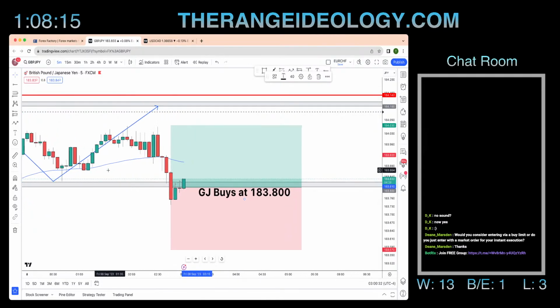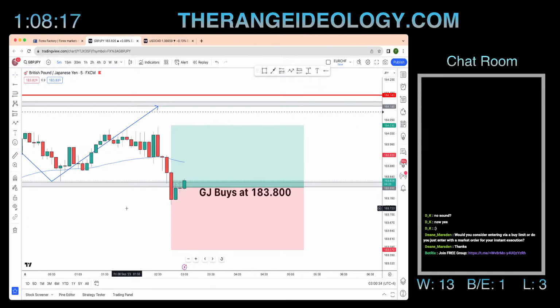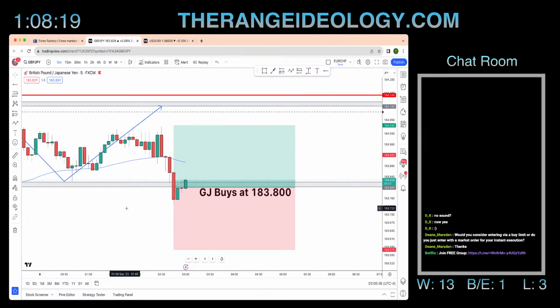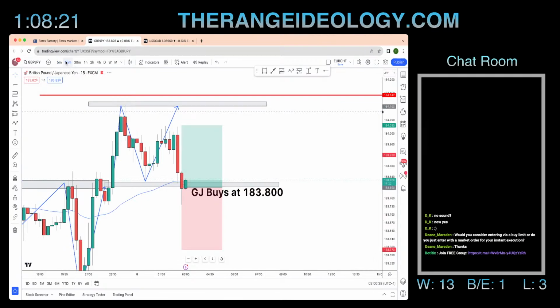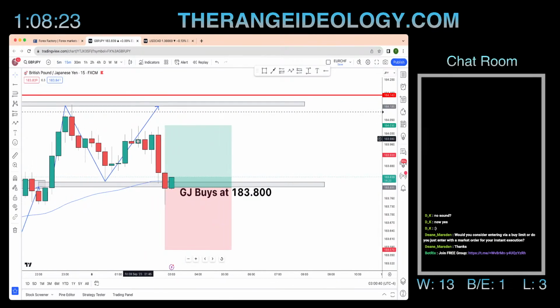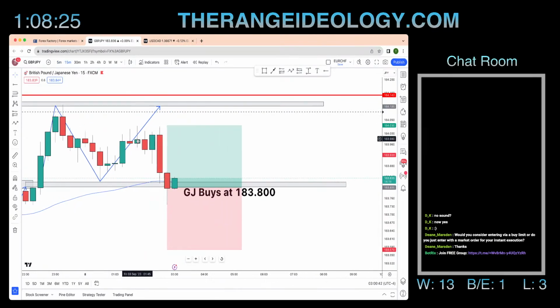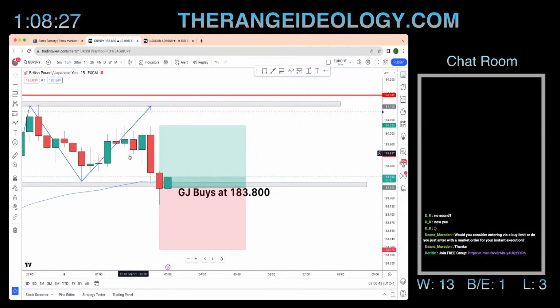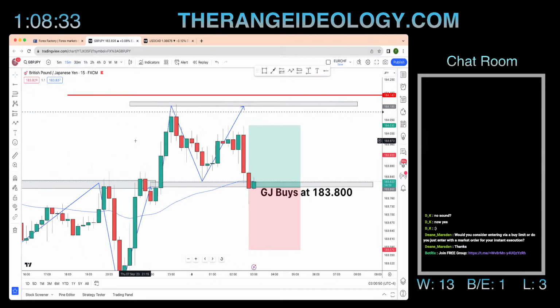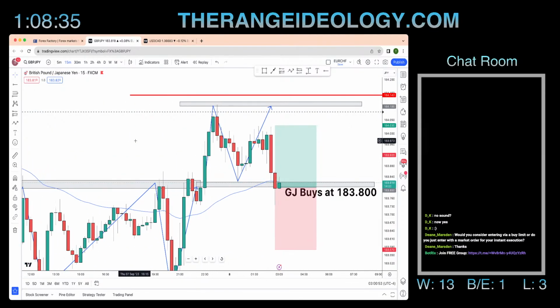Okay, we're getting a little bit of a push here to the upside. Again, it's tapping the EMA right now, the 15-minute EMA, but again, we have the London opening push. So let's see if it rejects or it pushes through.